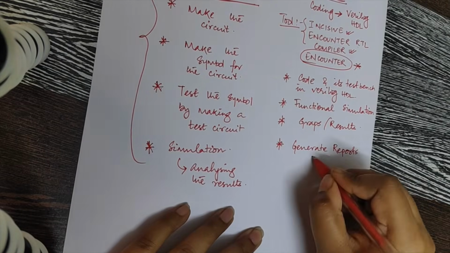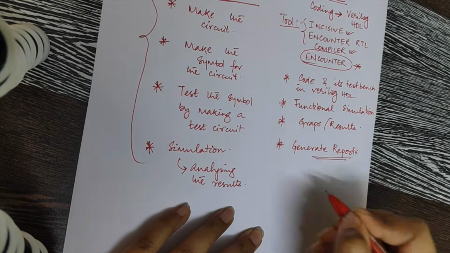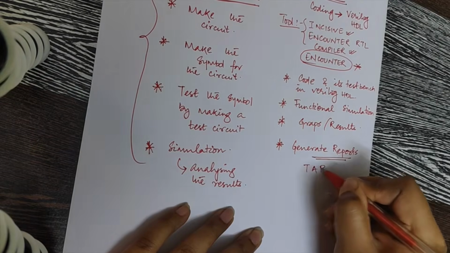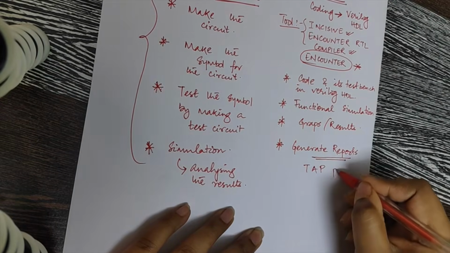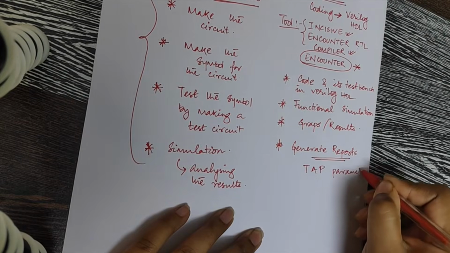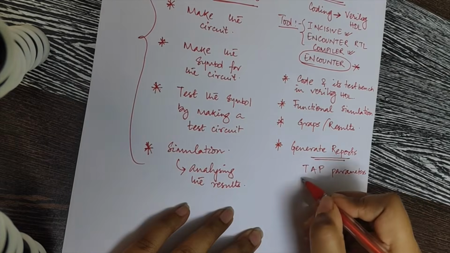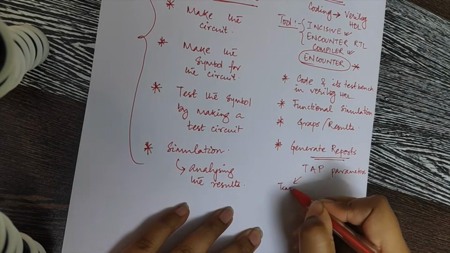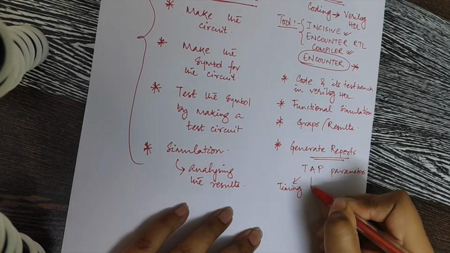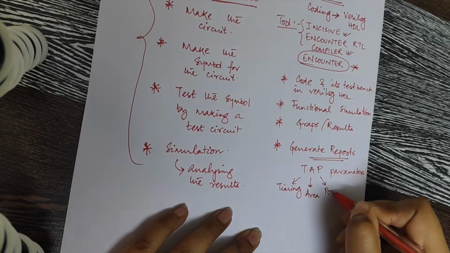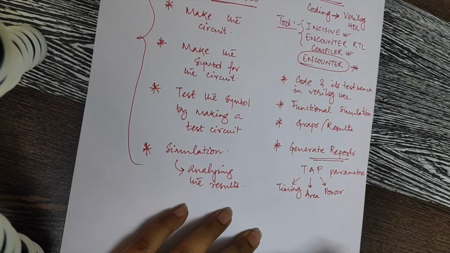What kind of reports? In VLSI, you do remember that we used to go for TAP parameters. T stands for timing, A stands for area, and P stands for power.